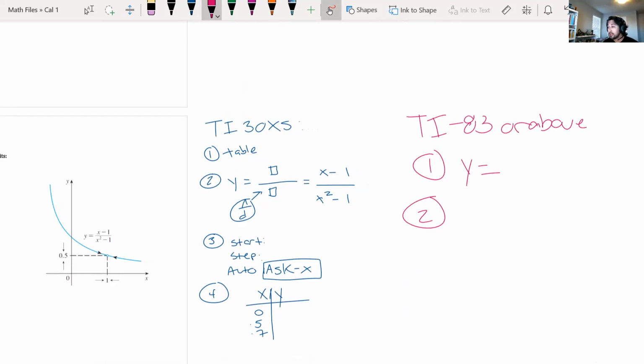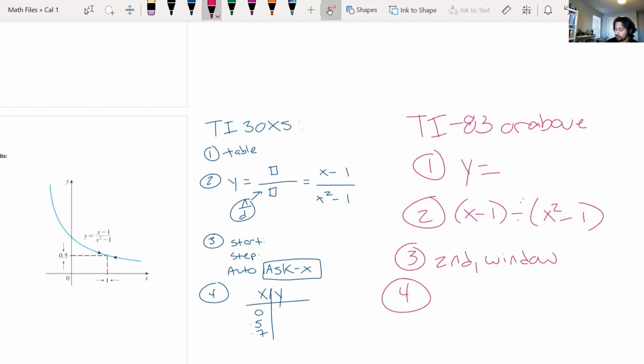If not, classic input is going to be x minus 1 divided by x squared minus 1. And then after you do that, 3, you're going to hit second and then find the window button. So hit second window. 4, you're going to come to a, what is it?